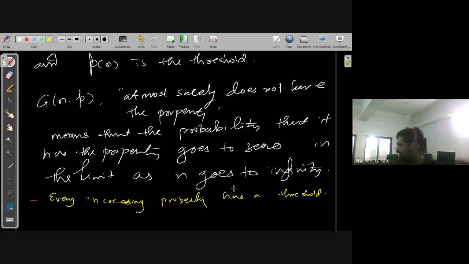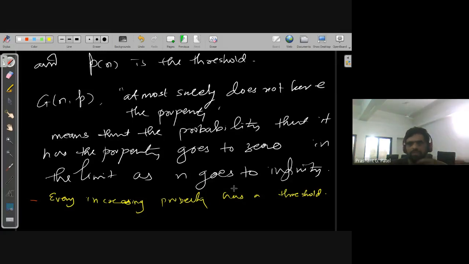Whenever you have an increasing property, it will always have a threshold. And this is true not only for increasing properties of graphs, but increasing properties of any combinatorial structure.